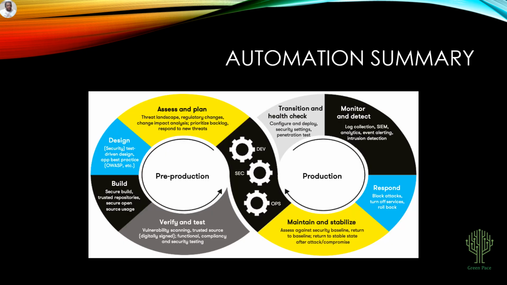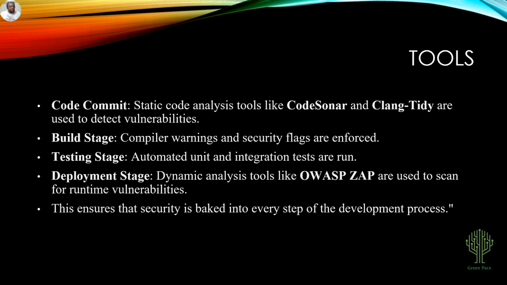On this slide, it is shown that automation is key to enforcing our security policy. In our DevOps pipeline, security tools are integrated at every stage. We use tools like Code Commit, which uses static code analysis tools like Code Sonar and CLang Tidy to detect vulnerabilities.